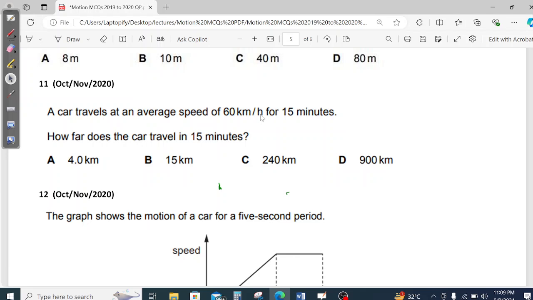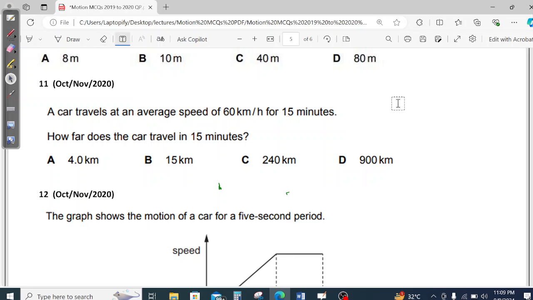Either you convert hours into minutes, or you can convert minutes into hours. I will convert hours into minutes, because in 1 hour we have 60 minutes, so the time is already in minutes, so you can easily solve it.